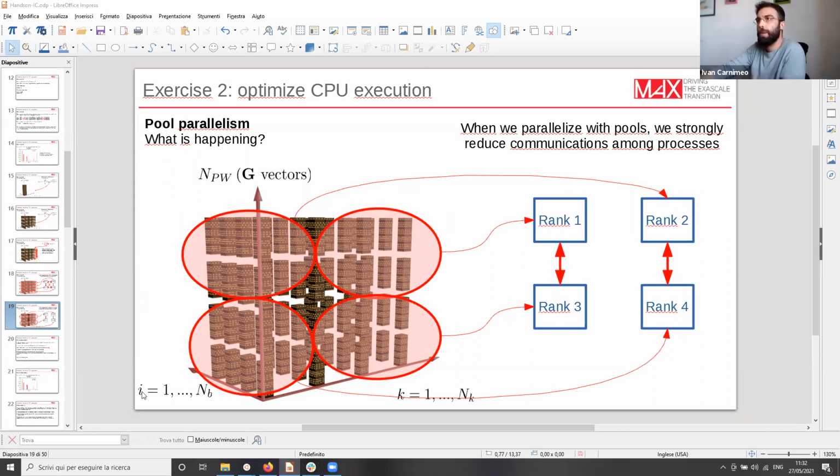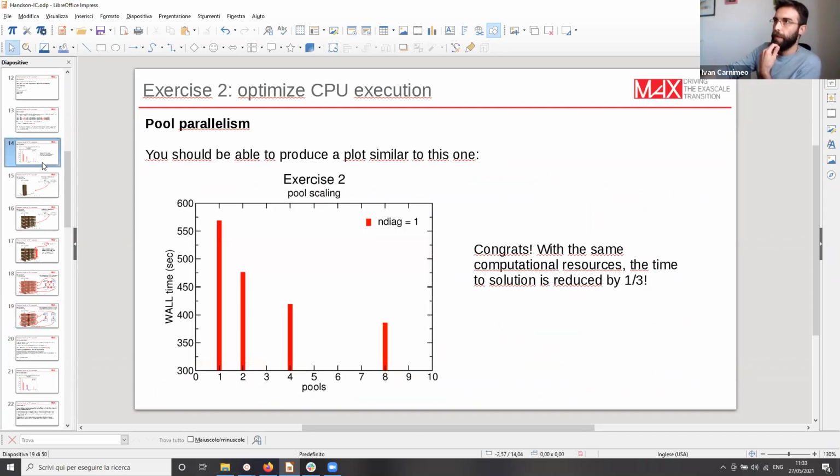So I assume that people who are now raising hands have finished the jobs with 1, 2, 4, 8 pools, and they have checked in the output file how long the calculation took, the whole time, and found that using 8 pools is faster than using 1 pool according to this plot.